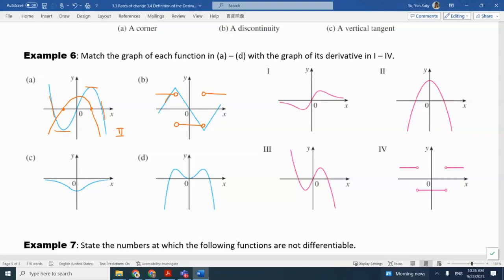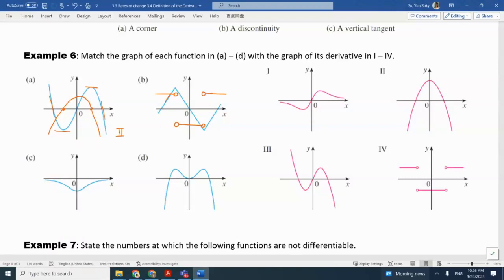And then once you get to this point, you put an open circle, because from here to here the slope is a negative number. You put an open circle because at this point your left side derivative and right side derivative do not match.